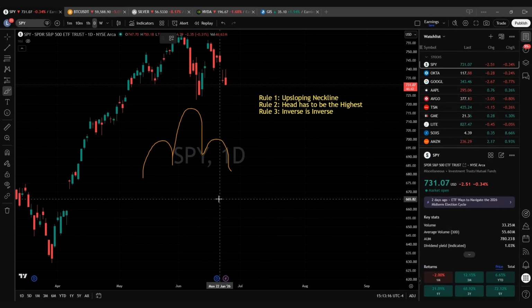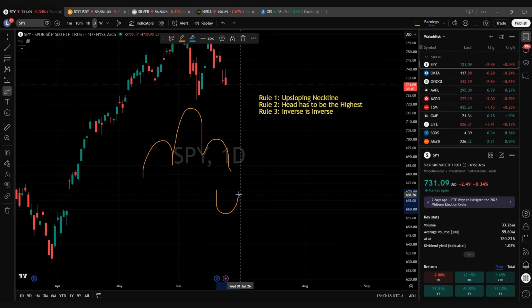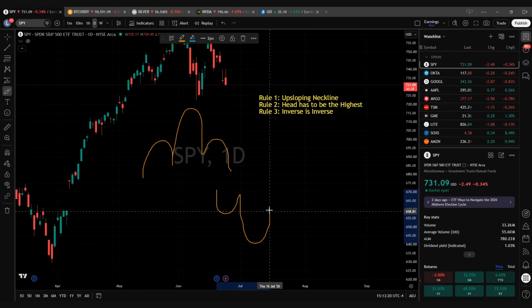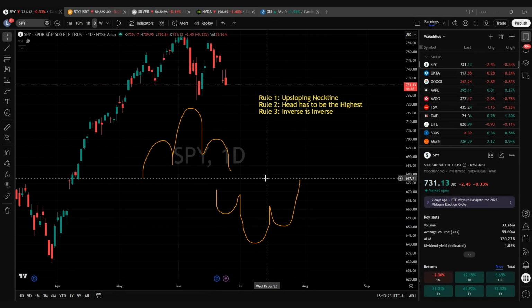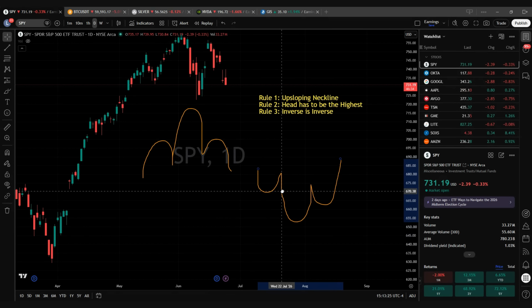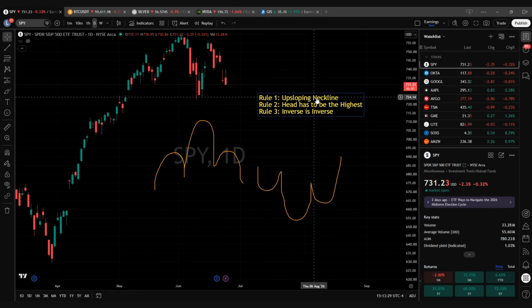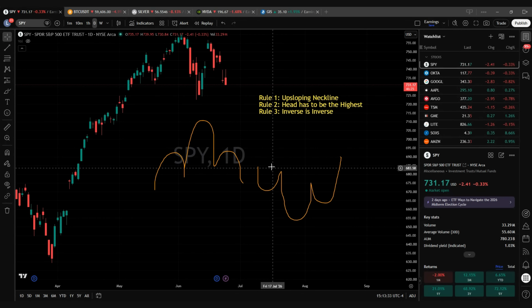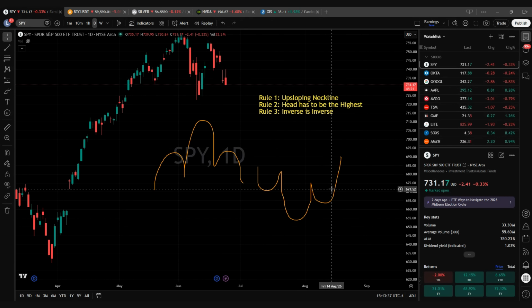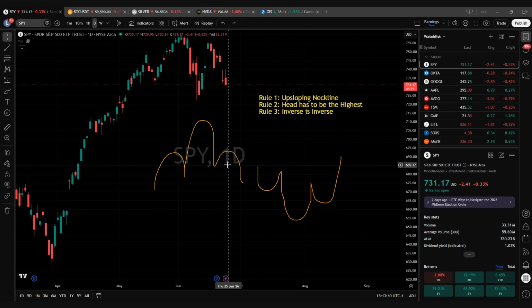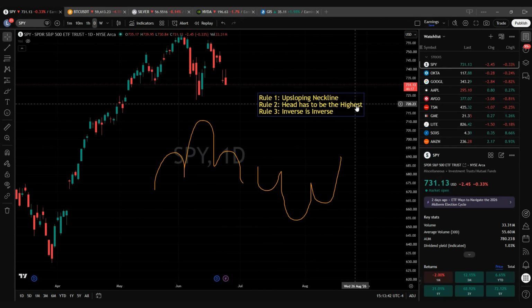Well, it looks something like this. Right? And notice when I say inverse is inverse, it is literally inverse. So this rule 1, you'll inverse that rule. For inverse head and shoulders, you need a downsloping trend line, or neckline in this case, instead of an upsloping trend line.